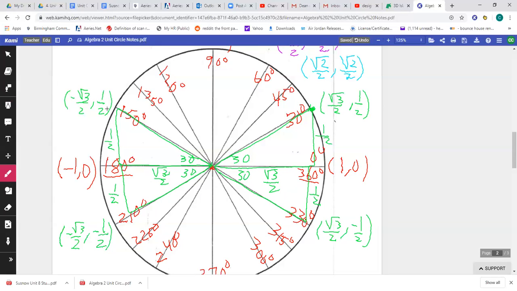Is anyone confused on the signs? Just the signs. If you're confused on something else, we have to go back a little bit, but just the signs, because I wanted to clear that up. Is anyone confused of how you know which is positive and which is negative? Okay. No one said anything. I think we're going to move on.